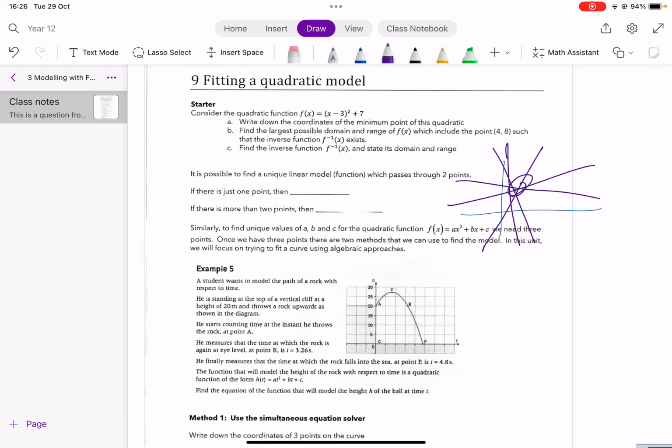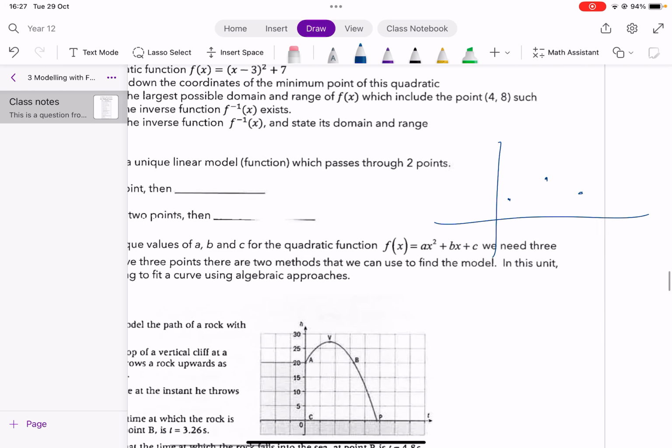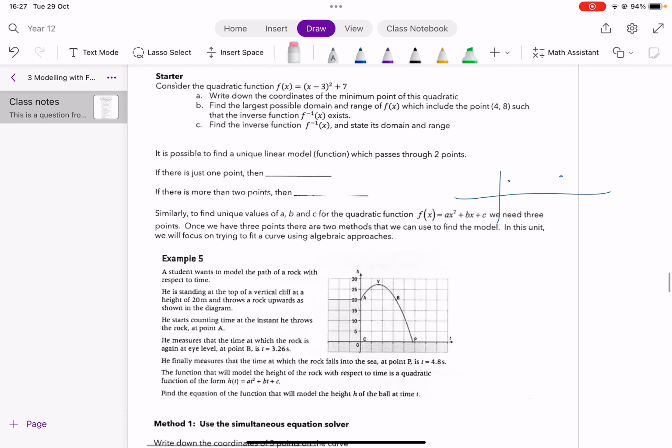If we know more than 2 points, if we know 3 points, then perhaps we're not going to be able to find a line that goes through all 3 points, but I'm sure you remember doing this in science of finding a line of best fit, so that could be what we try there.